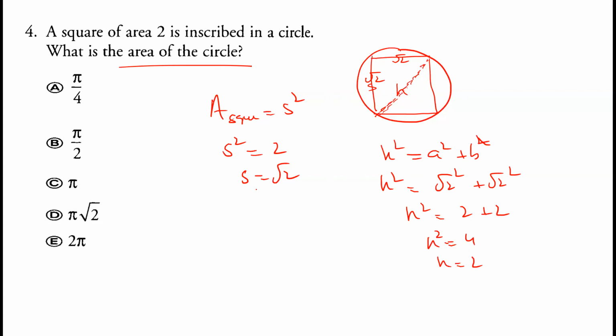Now the radius would be half of this diagonal, or half of this diameter. So diameter divided by 2, so 2 by 2 equals 1. So area of a circle is pi r square, so pi multiplied by 1 square equals pi. So the correct option is C.